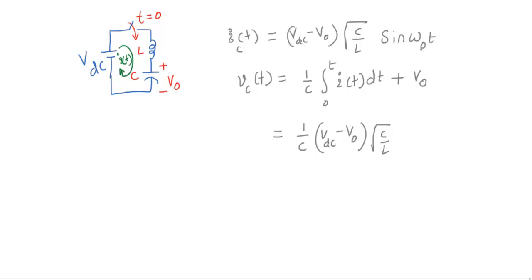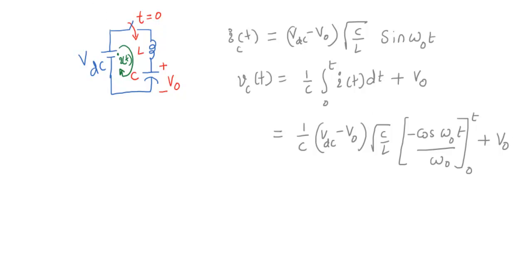Now sin(omega naught t) needs to be integrated with respect to t, then it will be minus cos(omega naught t) divided by omega naught. Then we need to apply the limits. Limits are nothing but 0 to t, plus V naught. So that's what we need to remember.